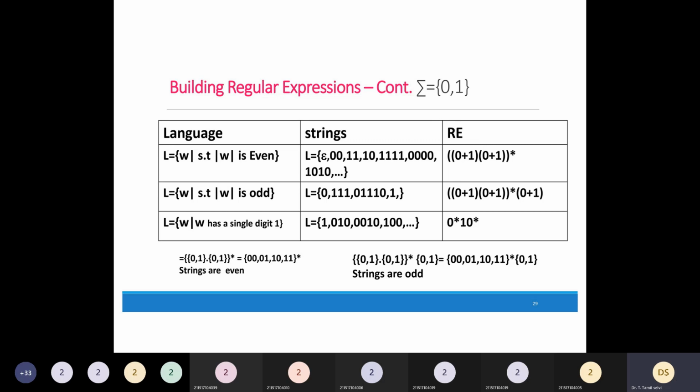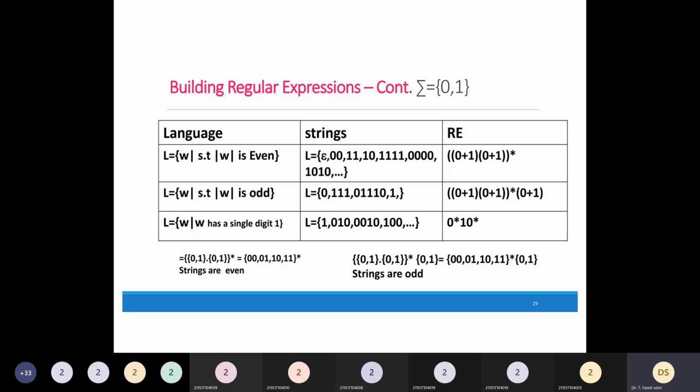So you have to calculate the length, and the length should be even. So even means first you have to put any string power 0, that 0 is an even number, which is equivalent to epsilon.